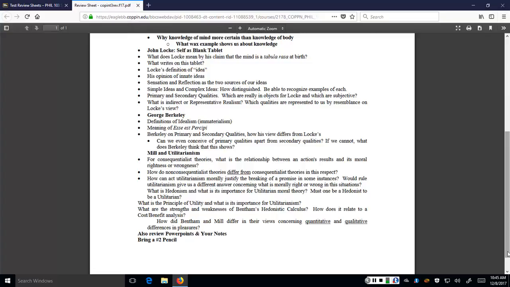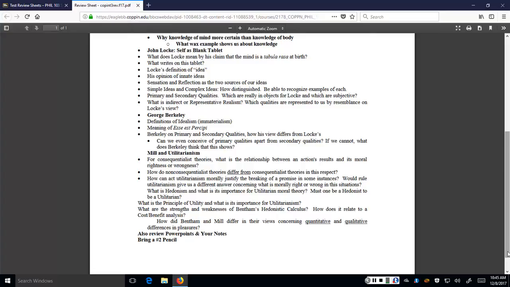So Locke ultimately could not defend this kind of realism, because if you never can get beyond the ideas that you immediately experience to compare them with the world, you can never tell whether they represent the world accurately, or, and what's relevant for Berkeley is, whether they represent anything at all. Whether all we have are the ideas.